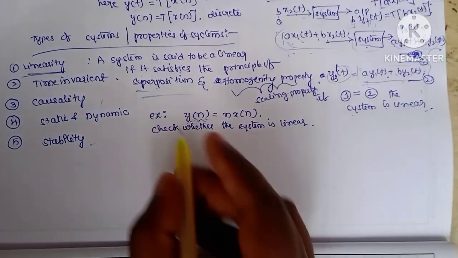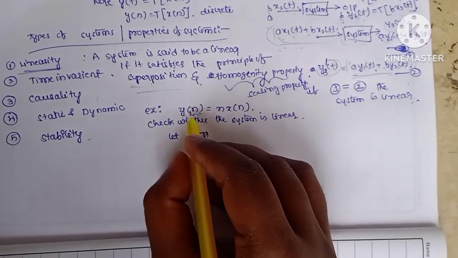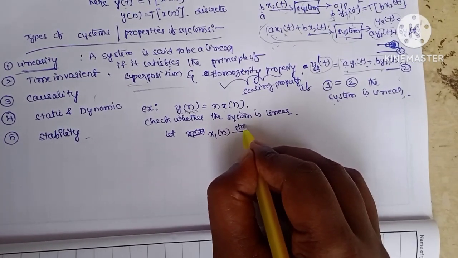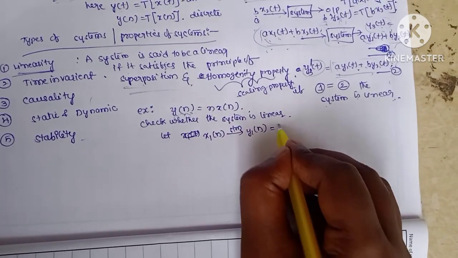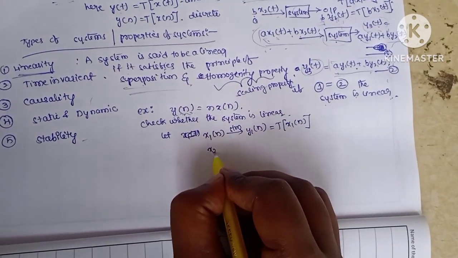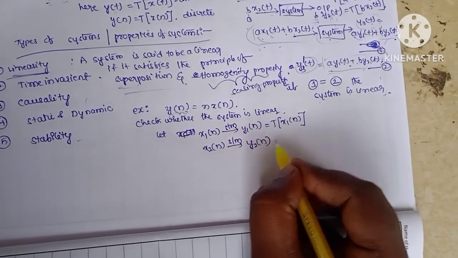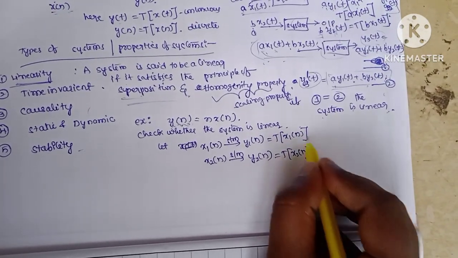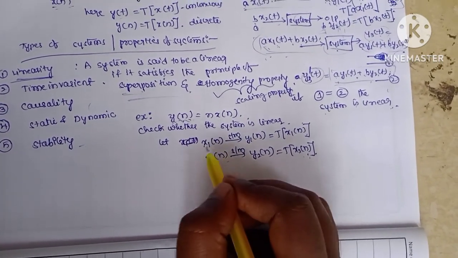So let us consider x1 of n, this is discrete, passed through the system. We got y1 of n, which is T of x1 of n, and y2 of n equals T of x2 of n.